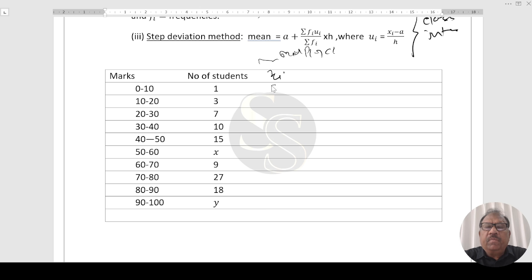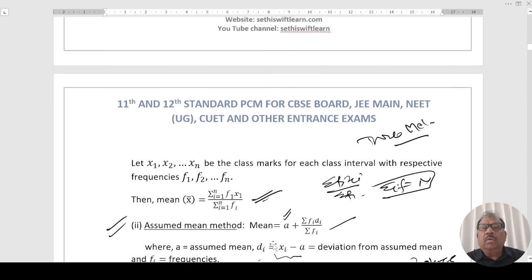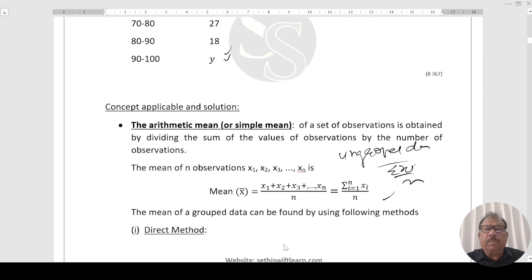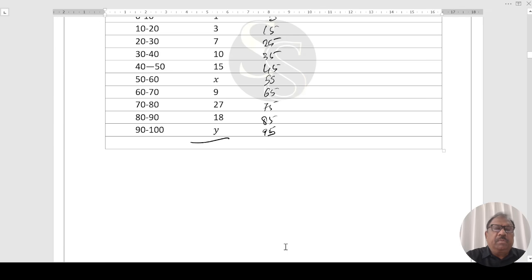That comes out to 5, 15, 25, 35, 45, 55, 65, 75, 85 and 95. The total number of students is given as 120. X bar is given as 59 and summation fi equal to 120.